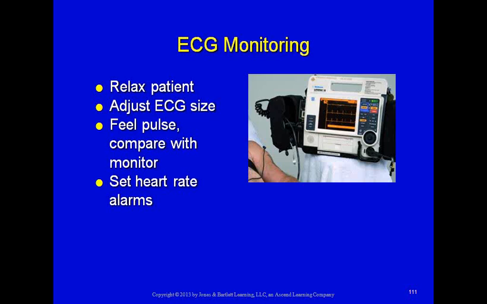Most monitors do some sort of calibration when you turn them on, but you may have to adjust the ECG size of what you're looking at, particularly if there's not a lot of voltage. If the patient is really thick-chested, or if they just don't have a lot of electricity going through their heart, the complexes may be very small and hard to see, so you might have to turn up the ECG size in order to see them.